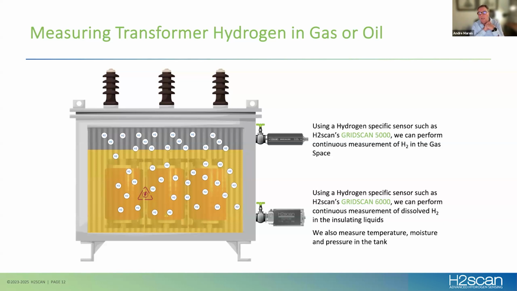These small hydrogen sensors will also typically detect the temperature, so we can track the temperature of the oil or the gas space. We can also determine the moisture and pressure in the tank. So adding these sensors to the transformer will allow us to understand the hydrogen measurement in the tank continuously over the duration and life of the installed transformer set.